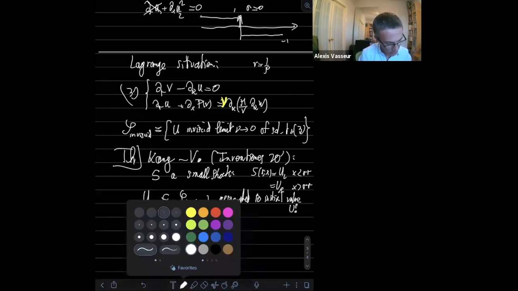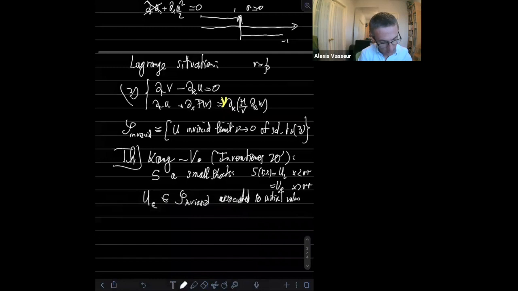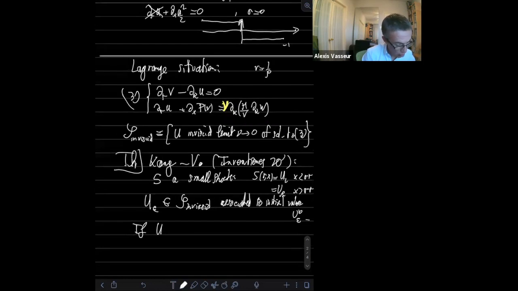And it will be U0. Okay, and you have the same thing. If your initial value U0 epsilon converges, I will put strong. If I want really to say how, it will be easier to say if I have the time to explain a bit about the method.